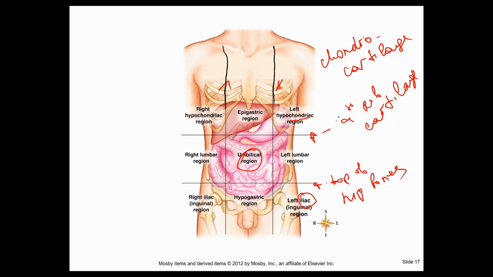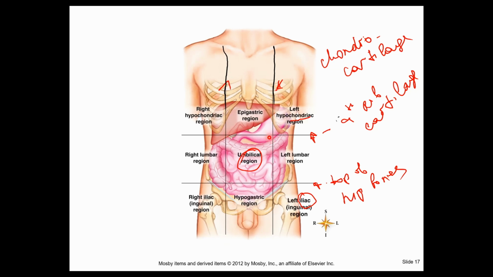You may wonder, how are these lines drawn? Let's look first at the vertical lines. They are drawn across the mid-clavicular line. So this is the clavicle, mid-clavicular line, and it goes down.